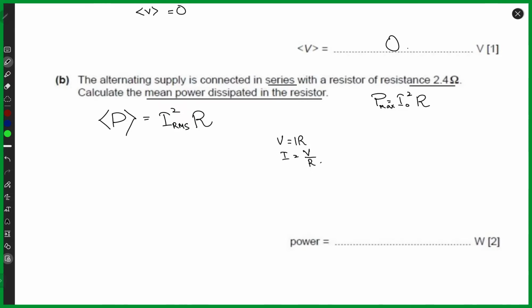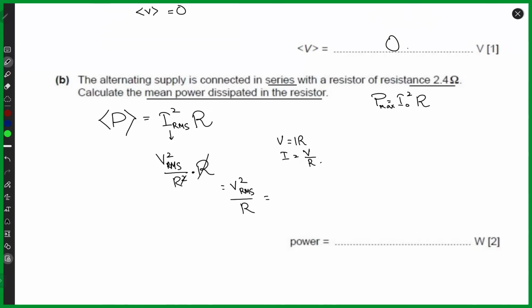I would be then just V over R. So this would be V r.m.s squared over R squared, because it's I r.m.s squared. Then multiplied by R, so one of these R goes away, and we're left with V r.m.s squared over R.